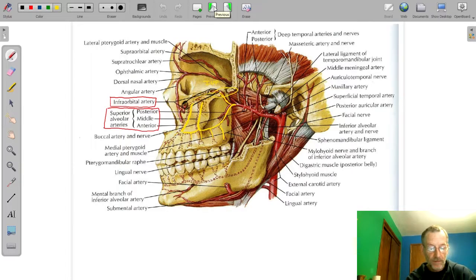So, practice tracing a drop of blood to a tooth. Pick a maxillary tooth, pick a mandibular tooth, and just trace a drop of blood to it. And you're going to be coming off of the maxillary artery for both. Practice drawing a drop of blood to one of your muscles of mastication.